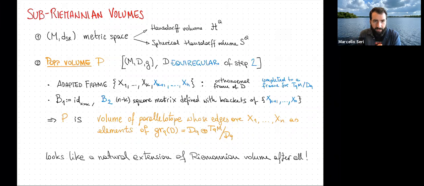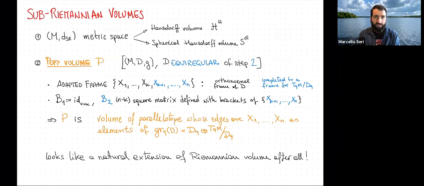And you can use those, and these are basically the Gram matrices of the vectors of this frame. You can use those to define the volume of a parallelotope whose edges are elements of this graded space. So you have the first k edges in the distribution, and you have found a canonical way to define the orthogonal space to the distribution and give an orthonormal basis there, and then you use those to define the frame.